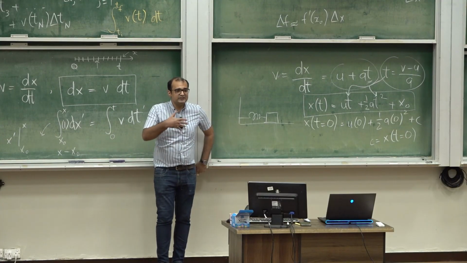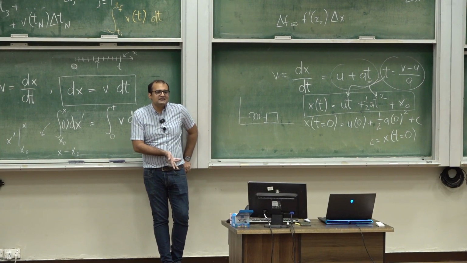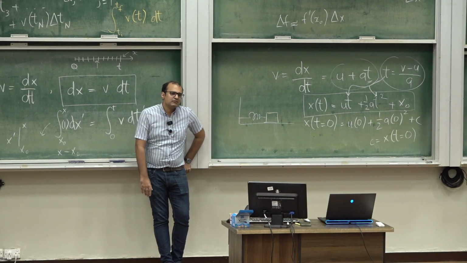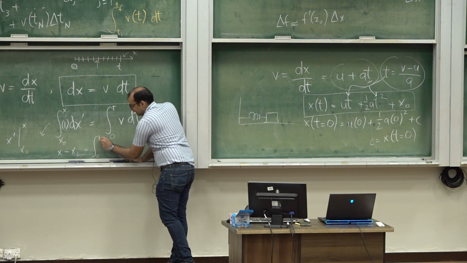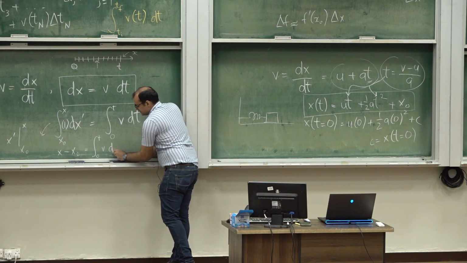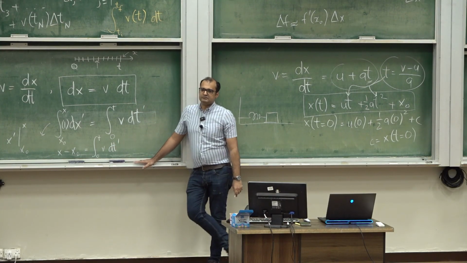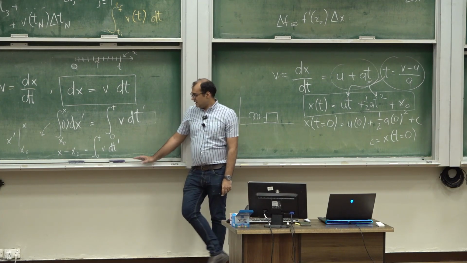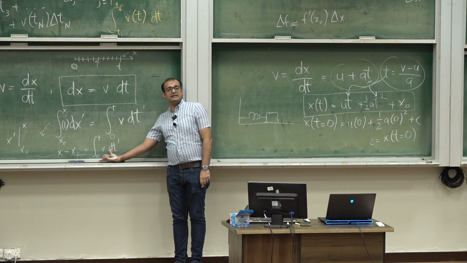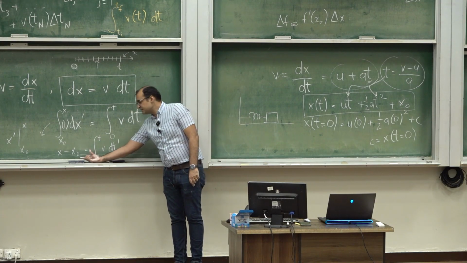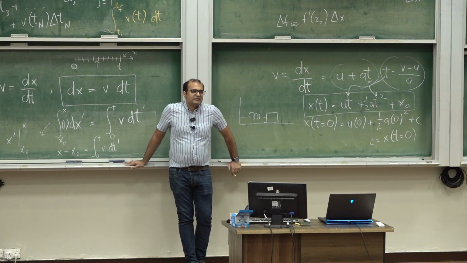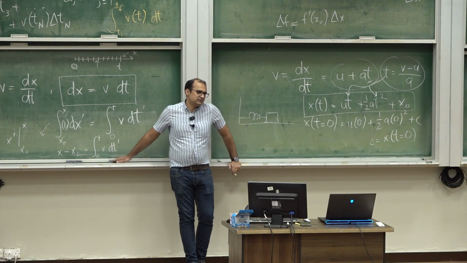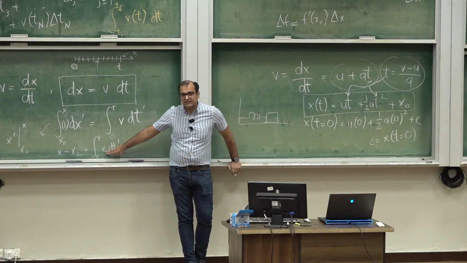If you know what you are doing, many times you can straight away write down the answer very quickly. This is equal to the integral from 0 to t of v dt prime. You must have interpreted this in A level: this is the area under the velocity-time graph. So the change in position equals the area under the velocity-time graph.